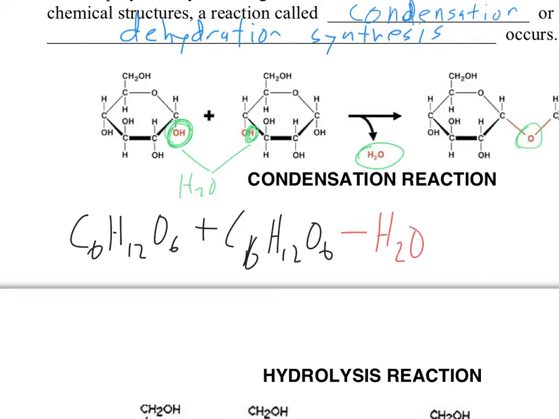So we're subtracting H2O. So if we add these together, what's my new formula? Okay, so we're going to have C what? Adding those together. What's 6 plus 6? 12. What's 12 plus 12? 24 minus how many? So what's that going to be?